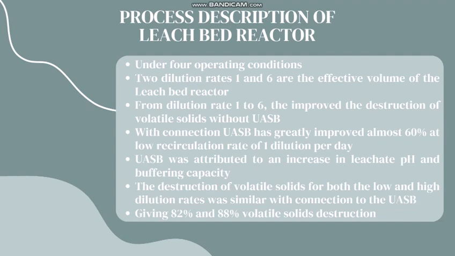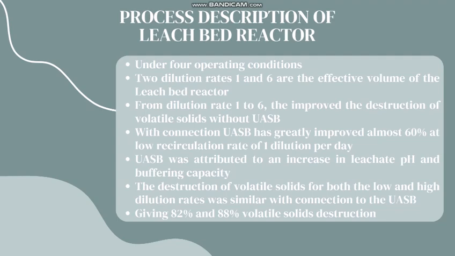Okay, 2 dilution rates of the effective volume of the leach bed reactor were investigated. So the 2 dilution rates are 1 and 6 of the effective volume of the leach bed reactor.